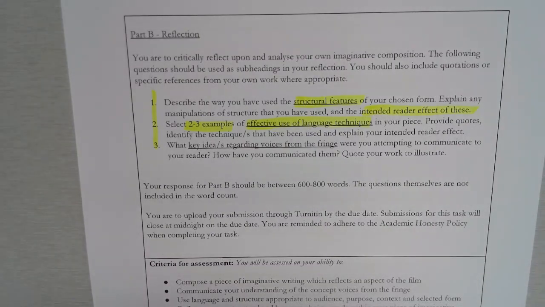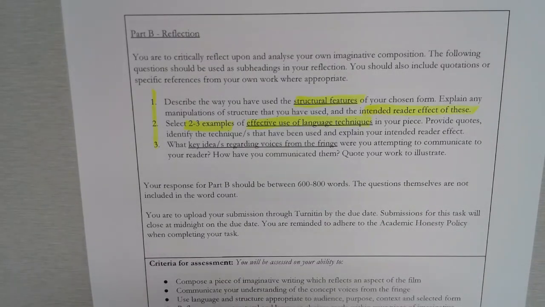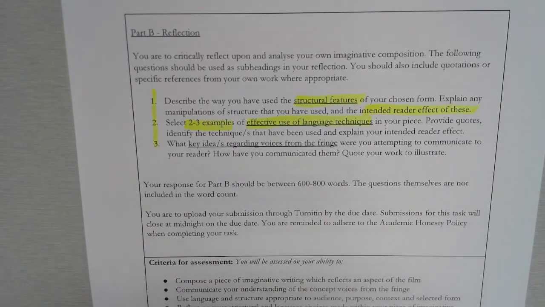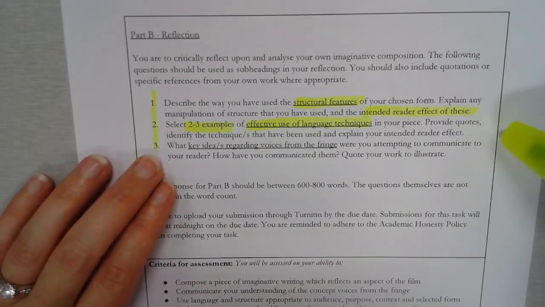Is there a really great metaphor that you've incorporated, or have you used some personification? Have you used perhaps some similes in certain places? What language techniques have you used to really develop that sense of character or that sense of voice or the description in terms of the place that you've set your story?